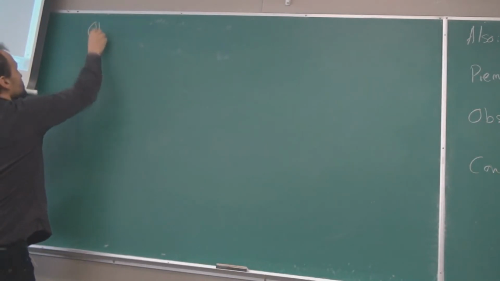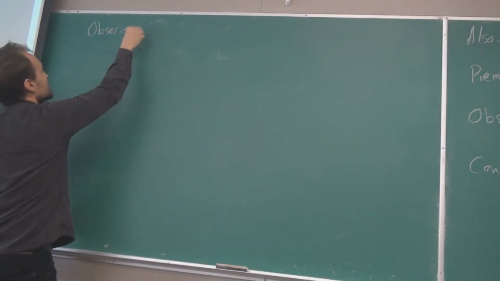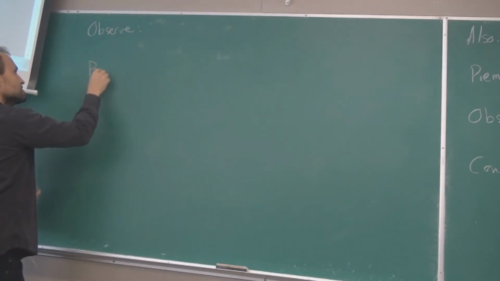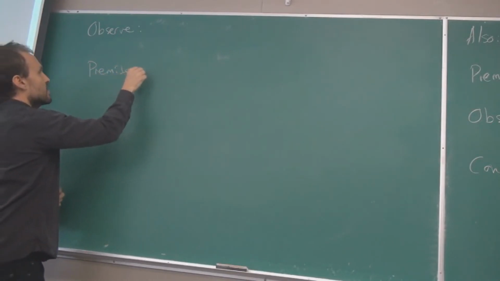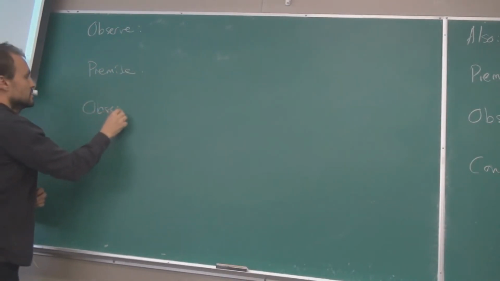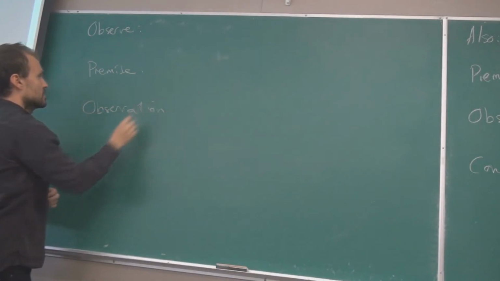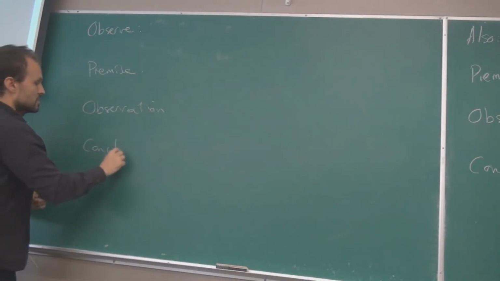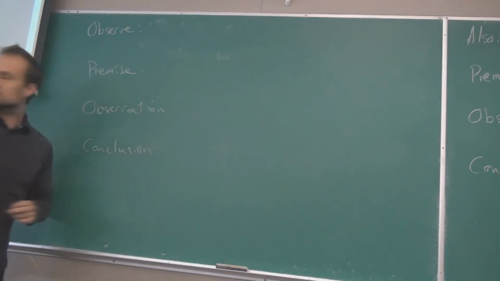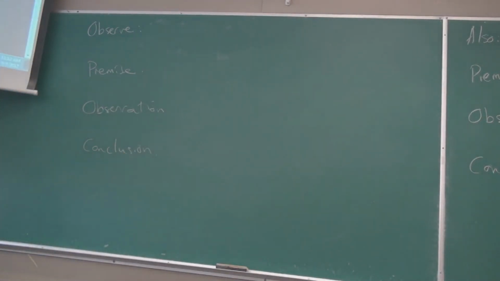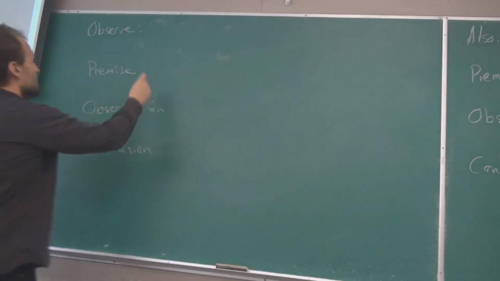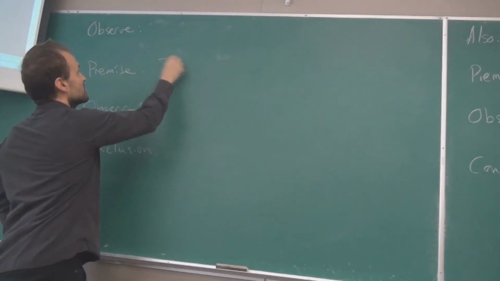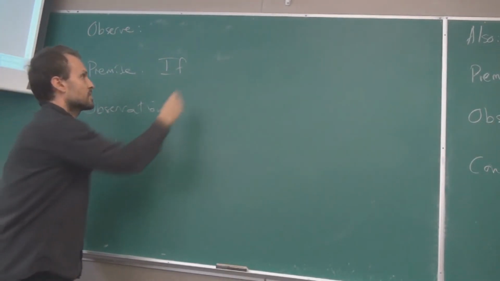We have to look at the following variation on this. Premise, observation, and conclusion. Did I call it an observation in the book? I can't remember. Yes. Premise, I'm going to stick to the rain one because I feel comfortable with it.